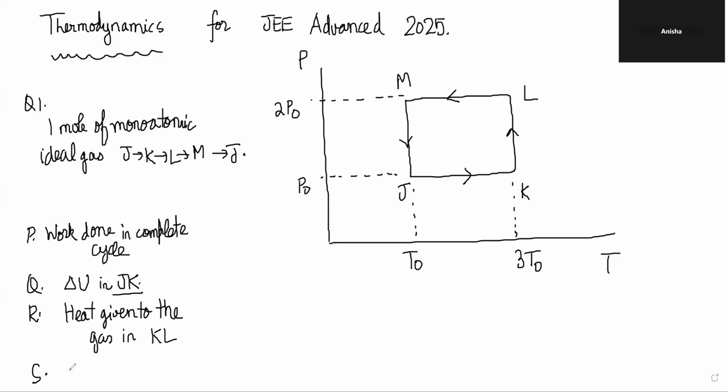And now the last option is change in internal energy delta U in process NJ.